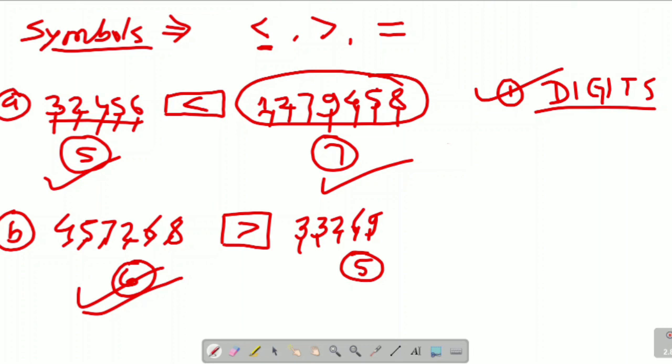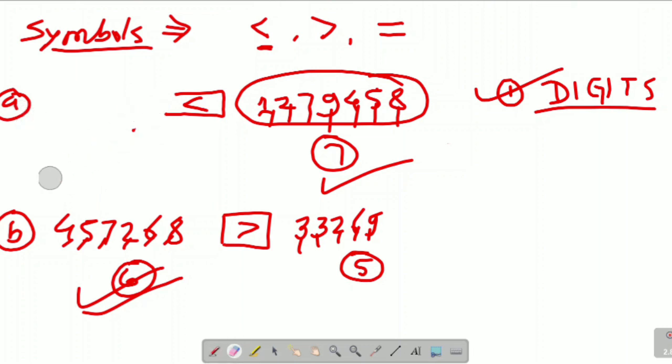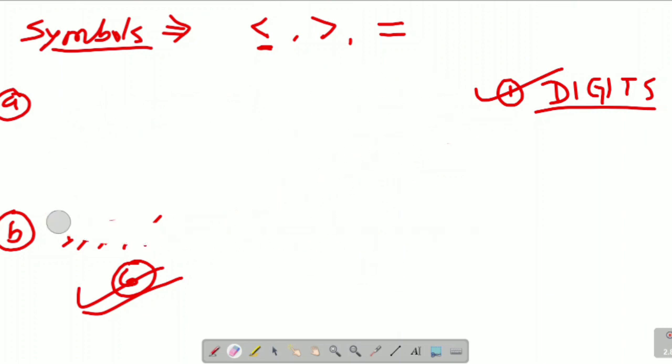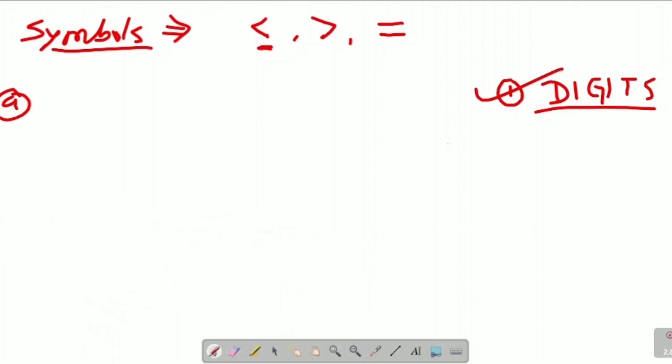Now let me give you another type of question. In this condition, the number of digits will be the same. So how can we compare the numbers? Let's understand it. First let me take the number 3, 2, 4, 5, 6, 7.